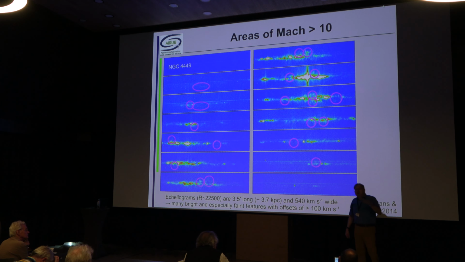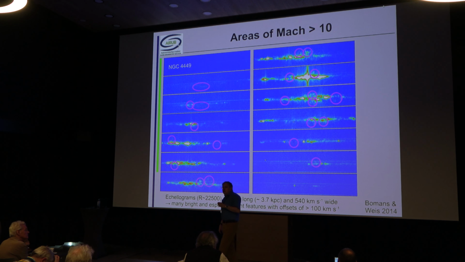So the interpretation is most probably some kind of eruption. Whether that is manageable with an intermediate class size telescope, I think nobody really knows. Probably for very bright objects, it could be.